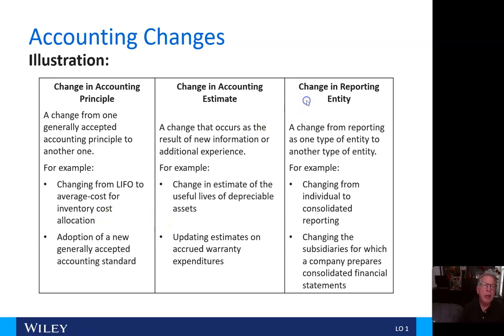And as we look at change in reporting entity, a change from reporting as one type of entity to another type of entity. For example, 1. Changing from individual to consolidated reporting. And number 2, changing the subsidiaries for which a company prepares consolidated financial statements.